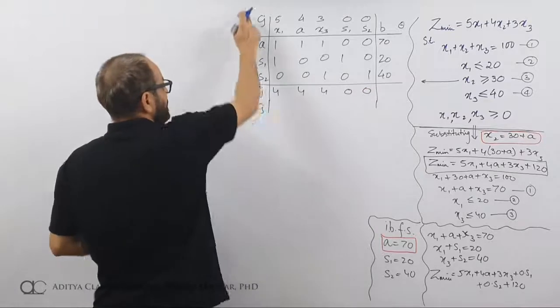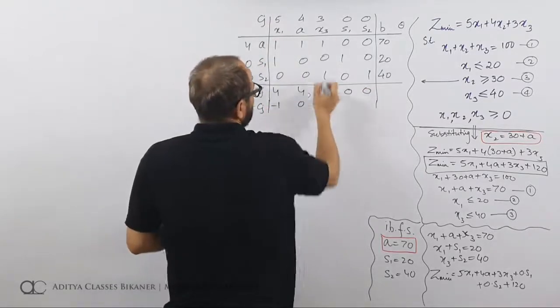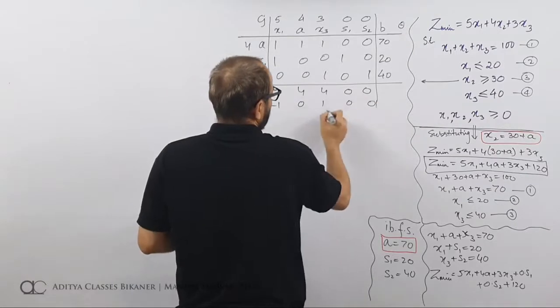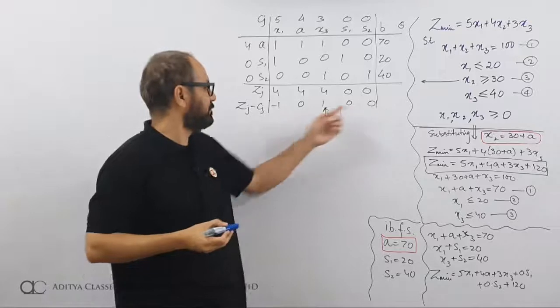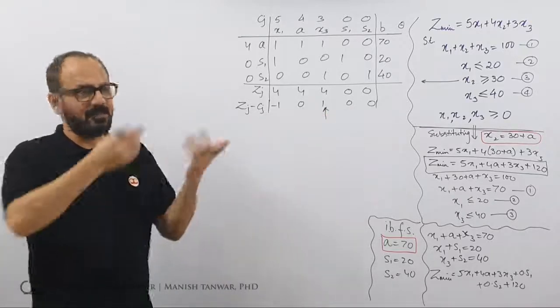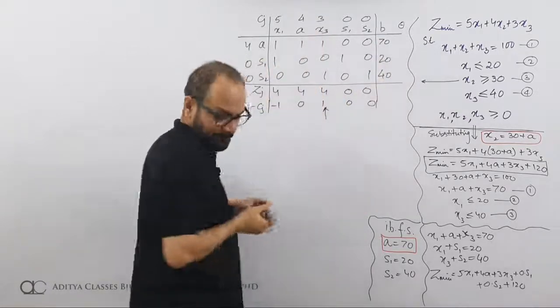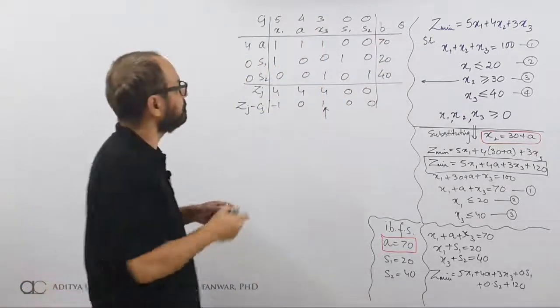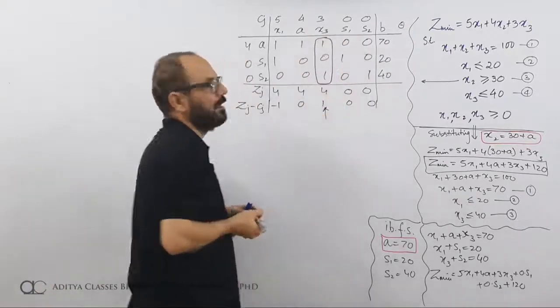Then I need Zj minus Cj. 4 minus 5, 4 minus 3 is 1. I have maximum positive. There are 3 zeros, then there is a minus 1. So, maximum positive is this. Let us find out theta. Theta is B divided by key column. This is our key column.